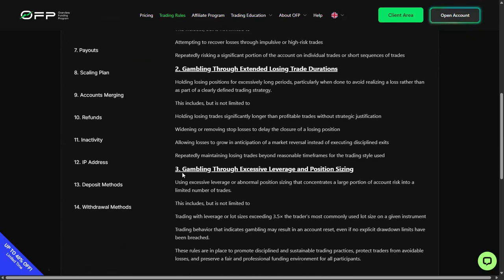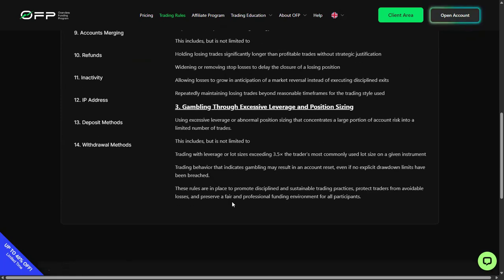So, gambling through excessive leverage or position sizing: using excessive leverage or abnormal position sizing that concentrates a large portion of account risk into a limited number of trades. Trading with leverage or lots exceeding 3.5 times the trader's most commonly used is not allowed.